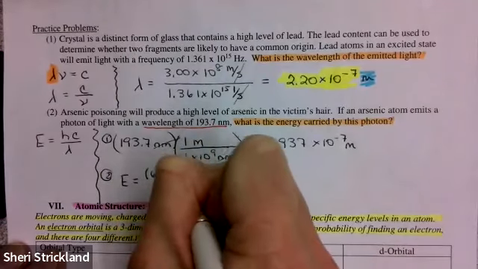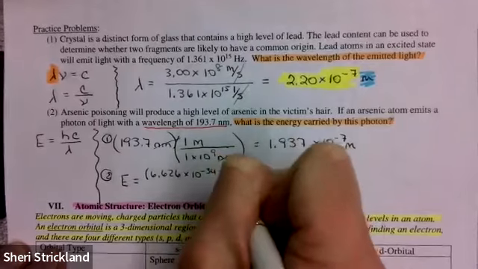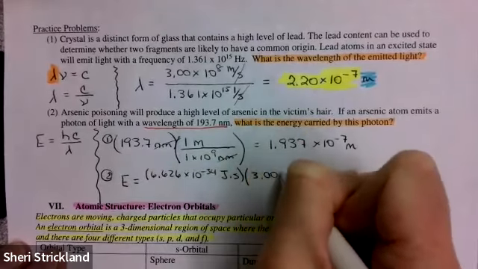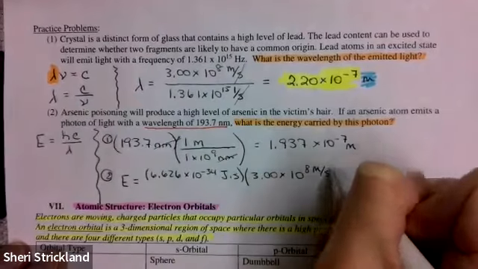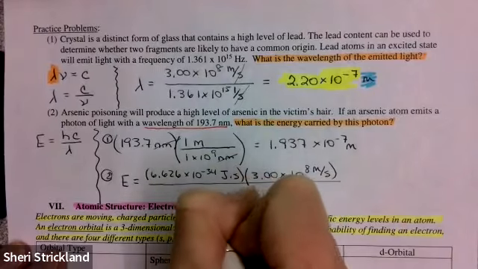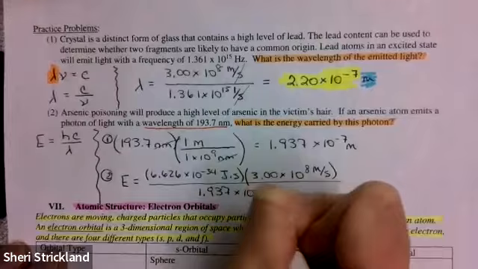6.626 times 10 to the minus 34 joules times seconds times 3.00 times 10 to the 8 meters per second divided by the wavelength in meters, 1.937 times 10 to the minus 7 meters.